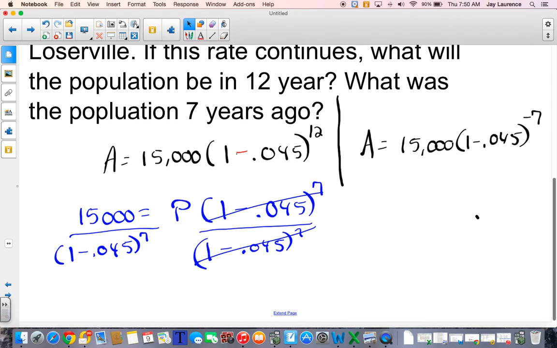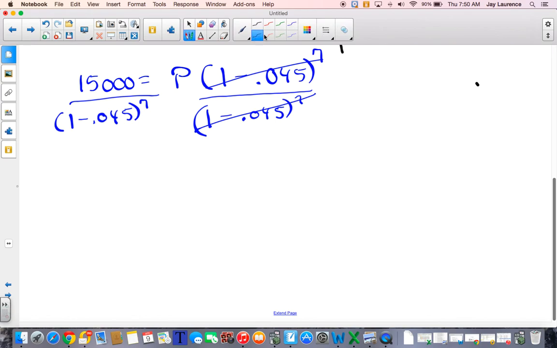If you remember what x to the negative second equals, isn't that 1 over x squared? When you move the variable to the denominator, or you move it from the denominator to the numerator, doesn't the exponent change signs, right? So look at this.